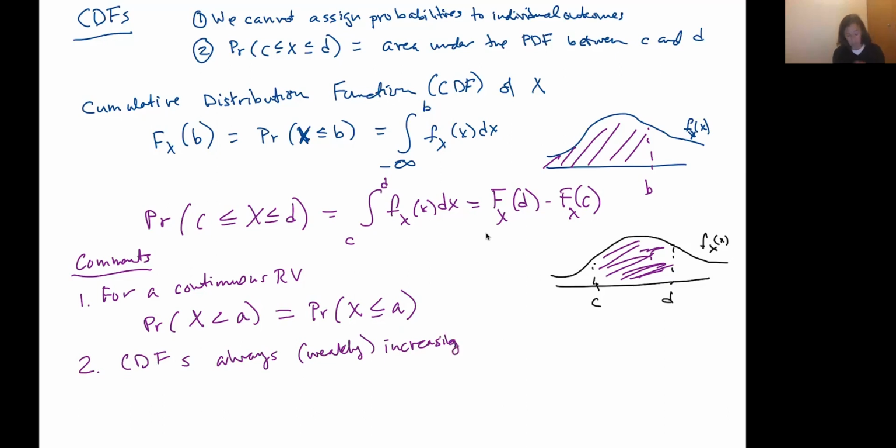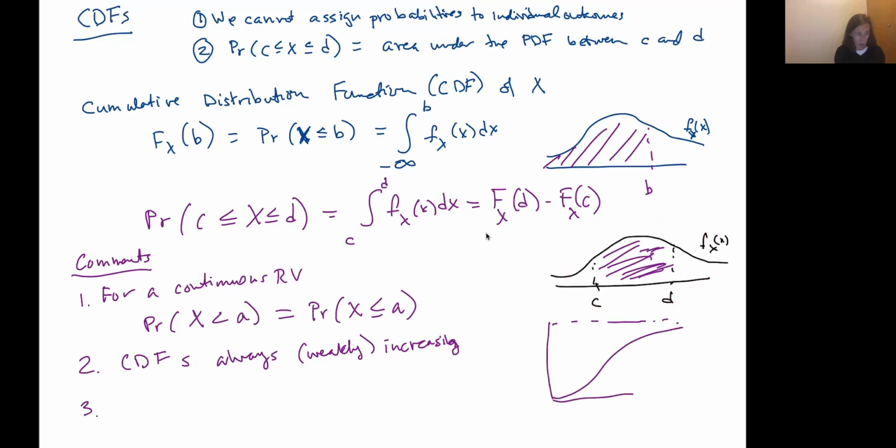PDFs can, as long as the area under them is 1, have really any shape you want. They can go up, they can go down, but CDFs always look like this. They have to be at least weakly increasing.